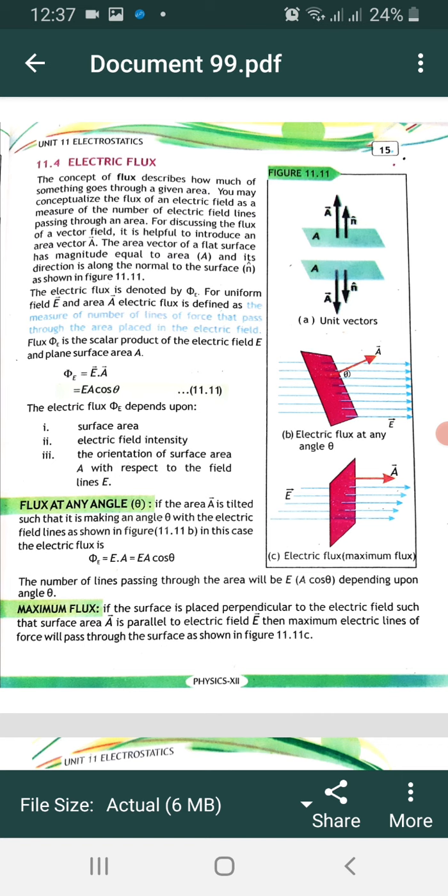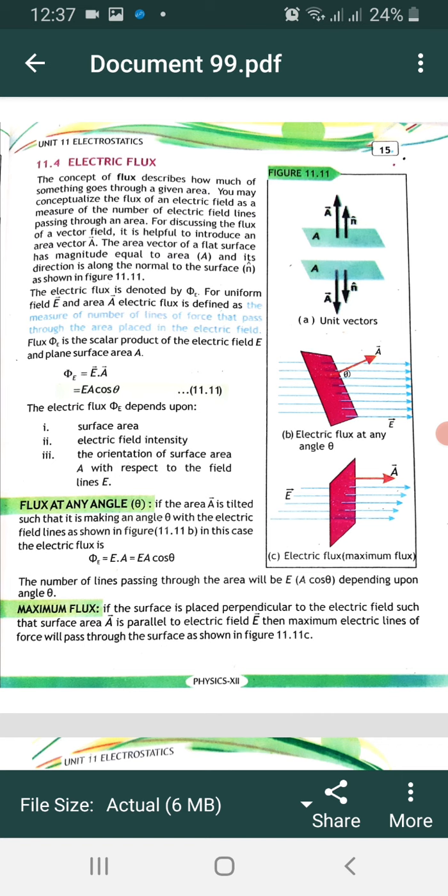First of all, I would like to say something about the vector area. Normally, till today we are familiar that area is not a vector quantity, it is just a scalar quantity. But here we will consider this area as a vector area. Why do we consider this as a vector area? Let me discuss.